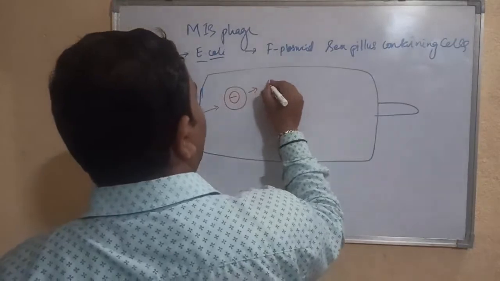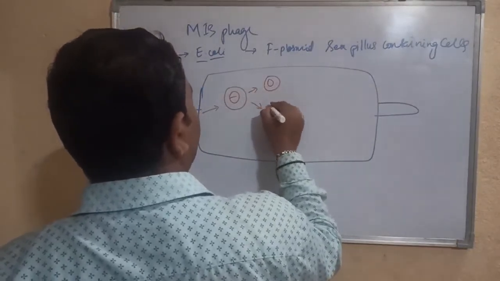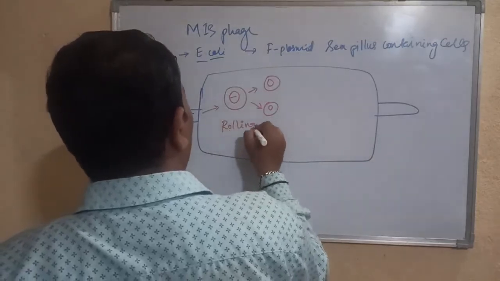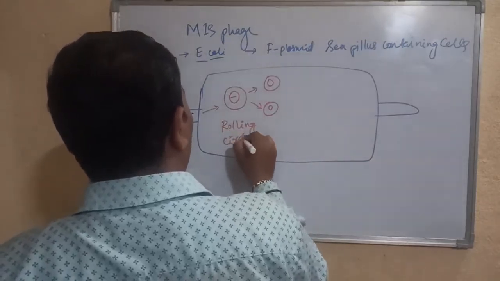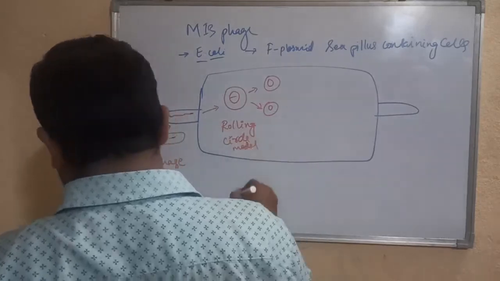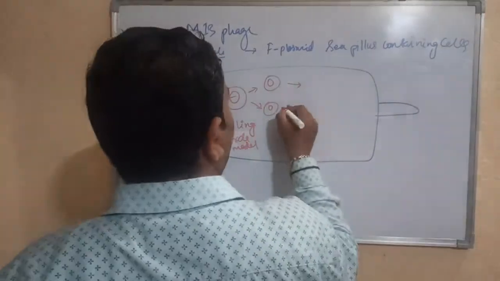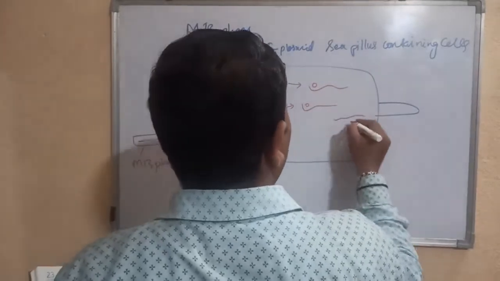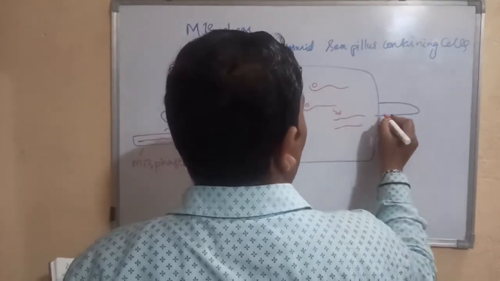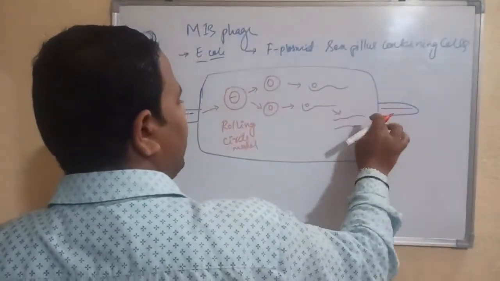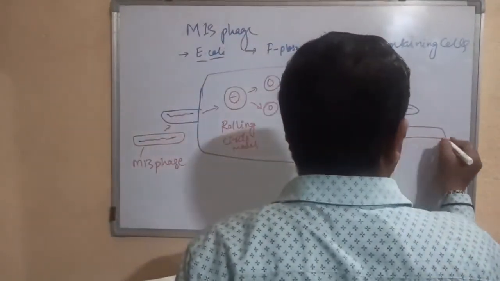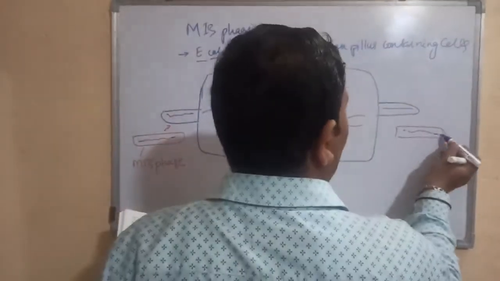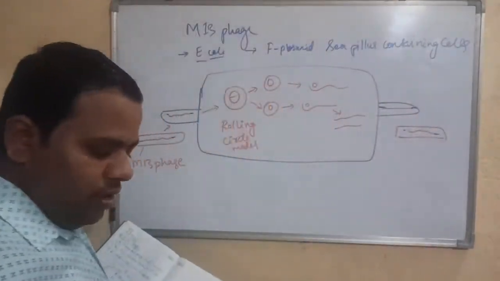Now this is replicated into a number of copies using the rolling circle model. After that it will again form the single stranded copies. Okay, and these will be packed and the M13 phage will bud out from the cell, thereby increasing its number.